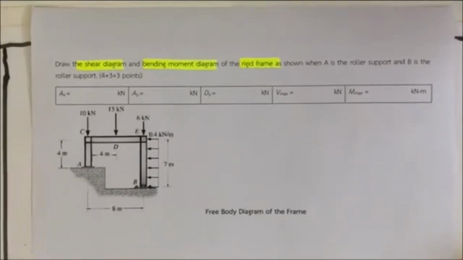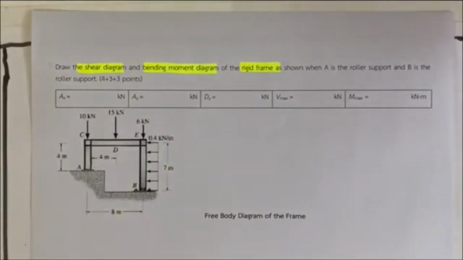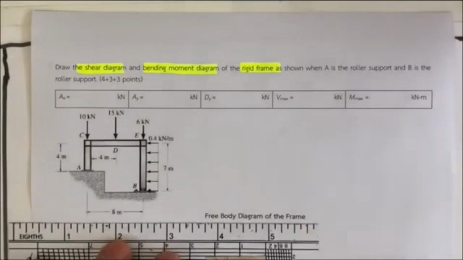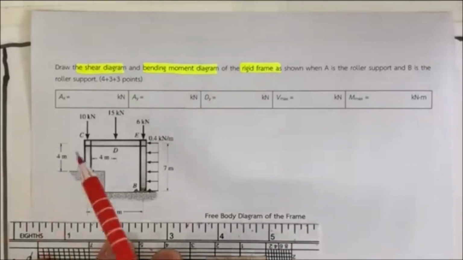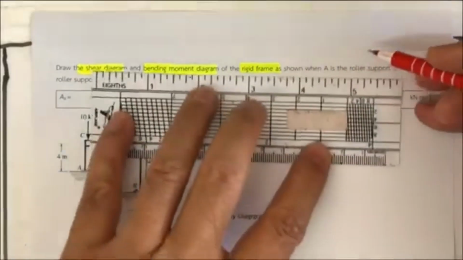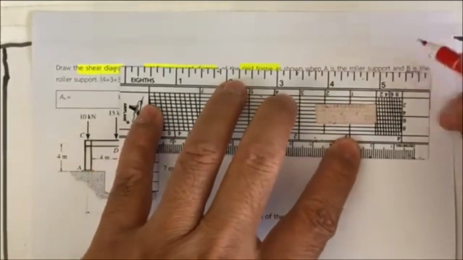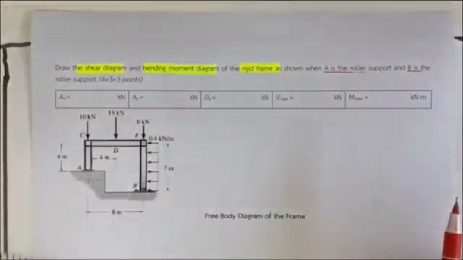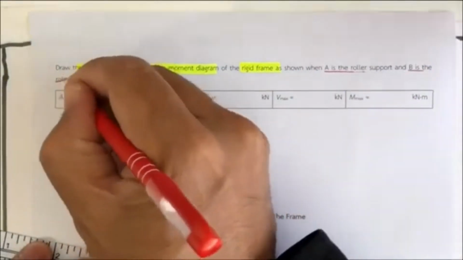That's kind of tedious. The graphical method is kind of easier. You're going to use the distributed force, shear force, and the bending moment in writing it. So this example will use the graphical method to determine the shear diagram and moment diagram. Okay, the frame looks like this. It has A as the roller, and B as the pin. It's supposed to be the pin; that's not correct.